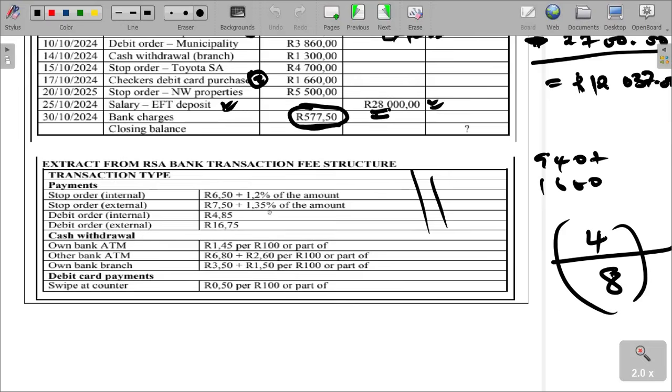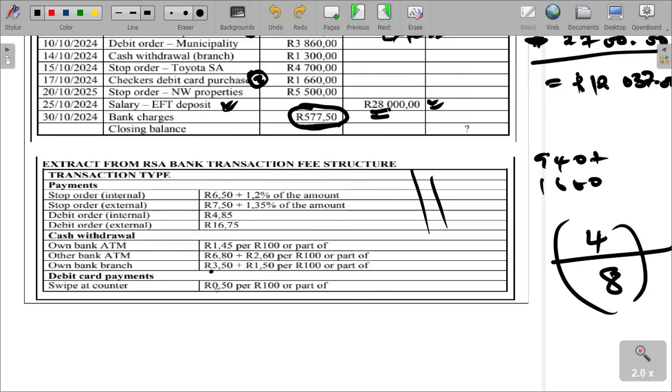On the statement, on bank charges, we should look at that, and then we need to identify the charges that are given for the cash withdrawal, which is at the bank branch, in his bank is 3 rand 50 plus 1 rand 50 per 100 rand, or part of per 100 rand.